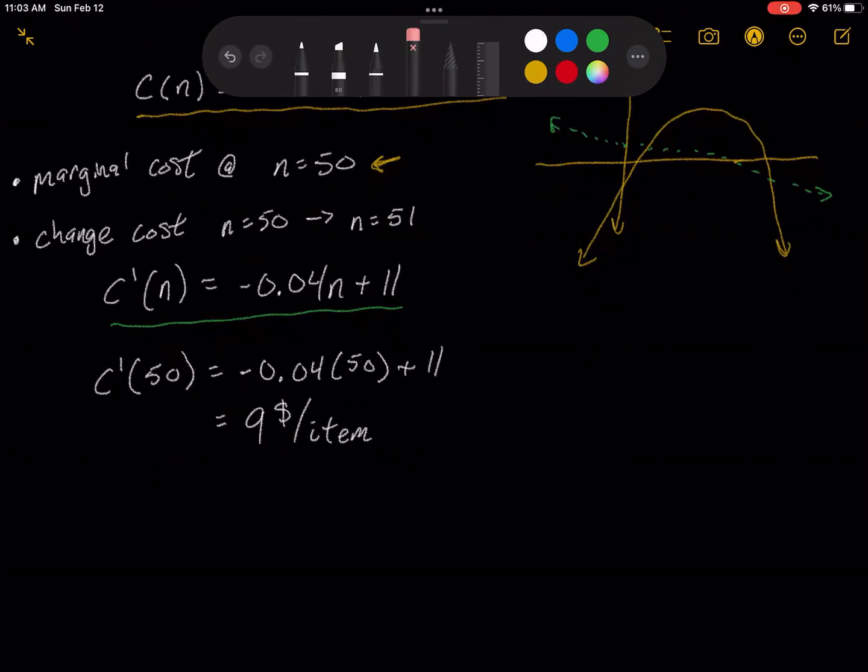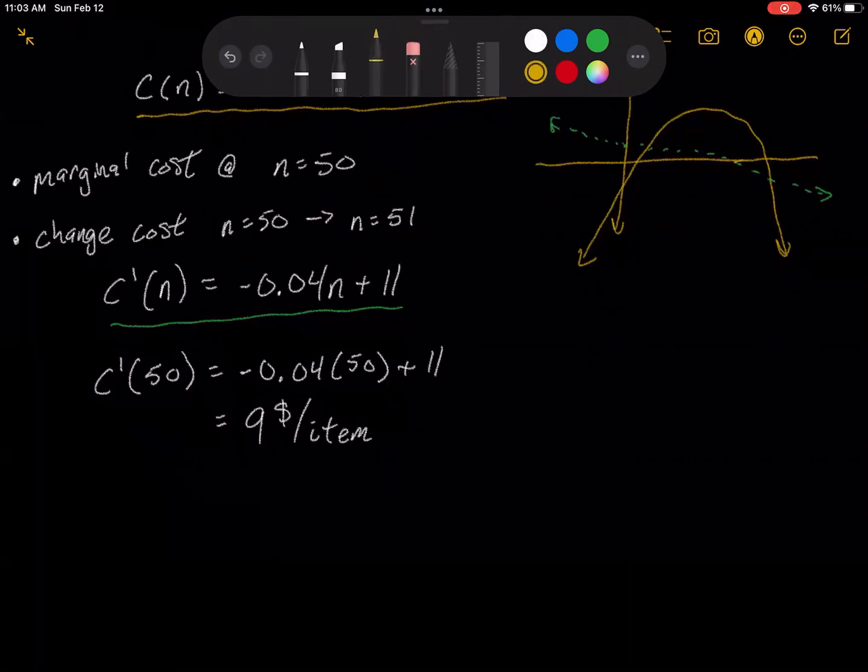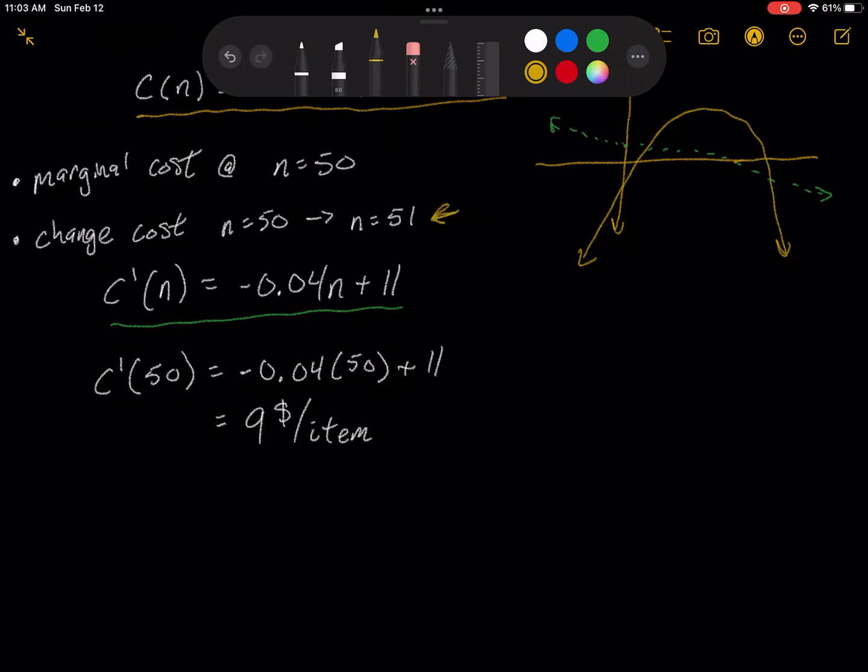All right, let's work on the second problem. Let's actually find the change in my cost as I go from 50 items to 51 items, right? Because I have my cost function, I can do this. So to figure out the change in my cost, it'd be the cost at 51 items minus the cost at 50 items.